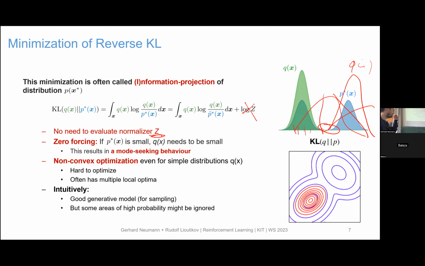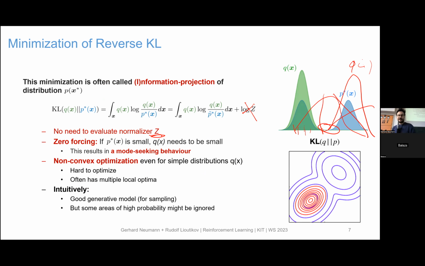One was called the reverse, which we also called information projection, because it tries to keep as much information from the target distribution in the approximated distribution. And information, we know it's a well-defined term in information theory. It's basically minus the log probability of an event.